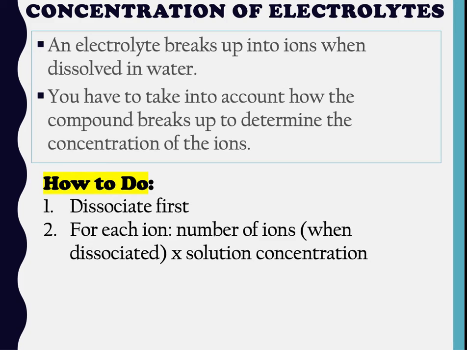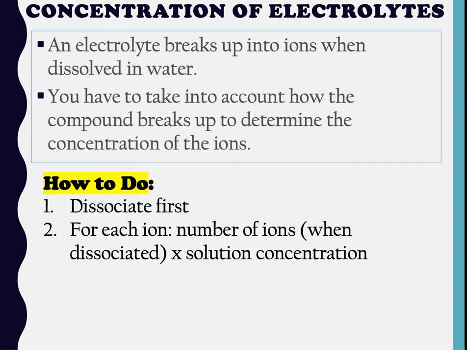Whenever I'm asking a question about the concentration of ions or concentration of electrolytes, the first thing you have to do with the substance is write the dissociation equation, which we covered in our last set of notes. So you can go back and watch the video if you need a review of that. And then for each ion, we just look at the number of ions that we have, and then we multiply by whatever the solution concentration is.